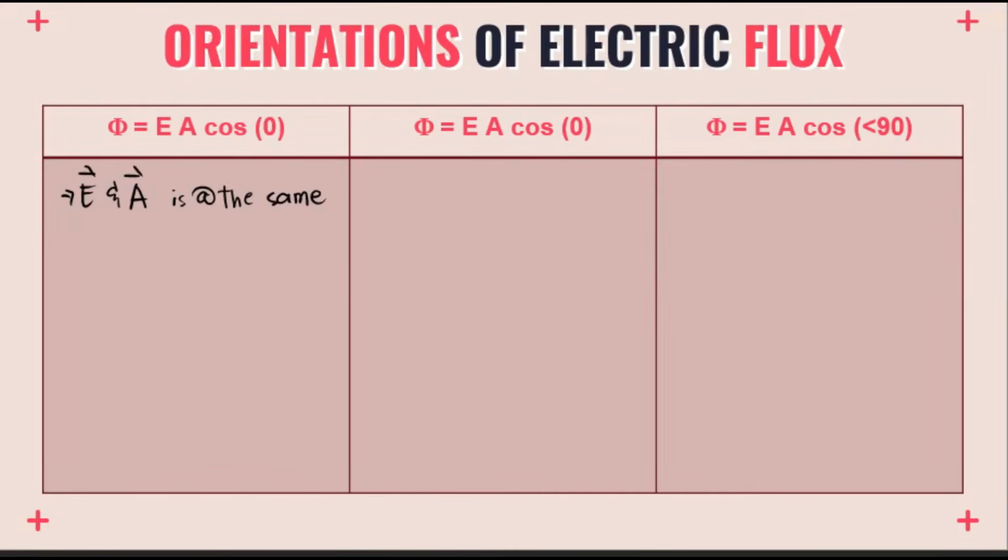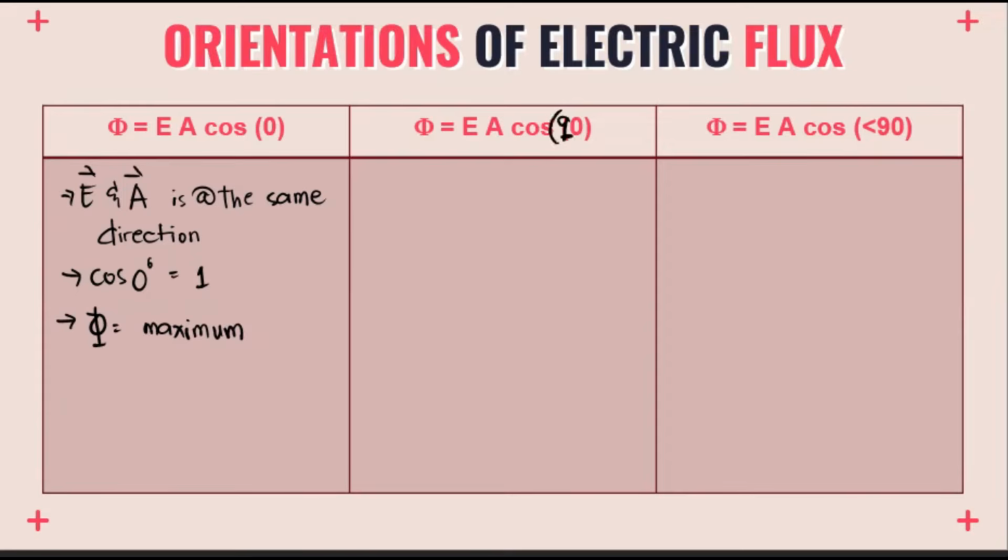The angle between them is 0. Cosine 0 degrees is equal to 1. So the value of the electric flux is at the maximum.